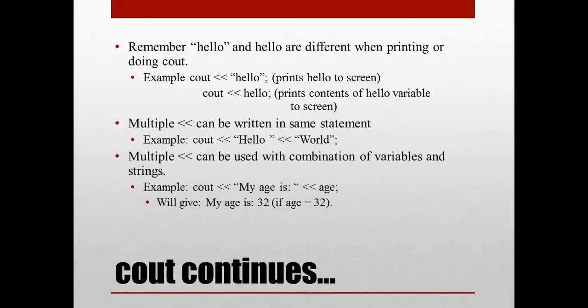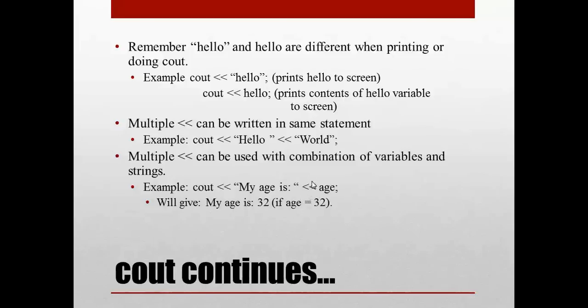And we can also use multiple stream operators with variables as well as strings. So for example, you can say cout << "my age is", then I can give a variable name, age, after the output stream operator.